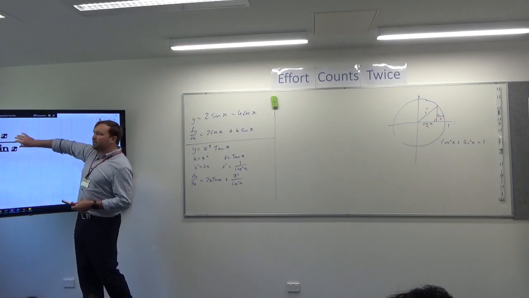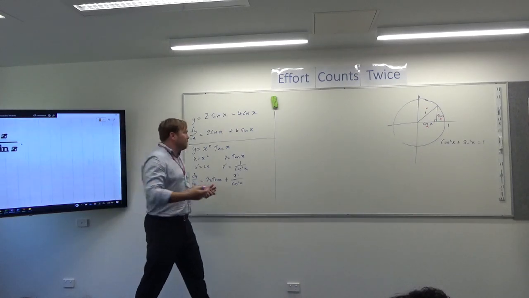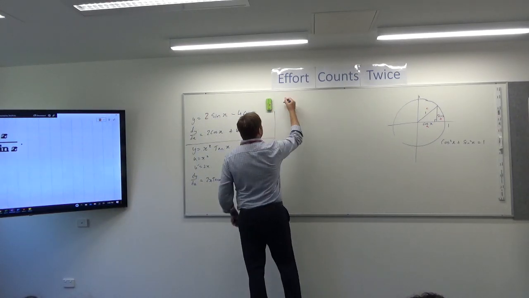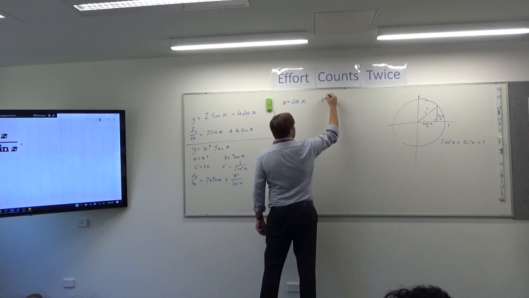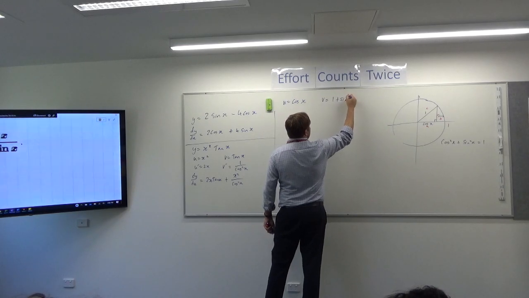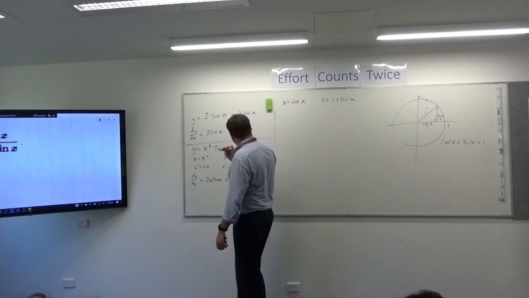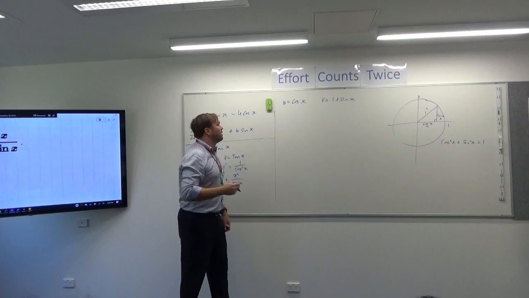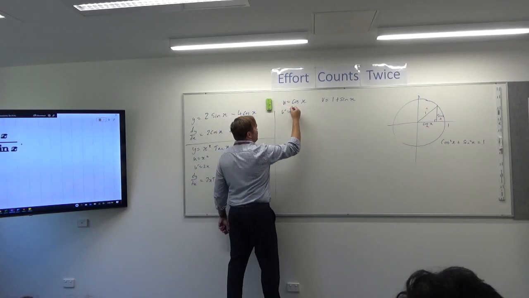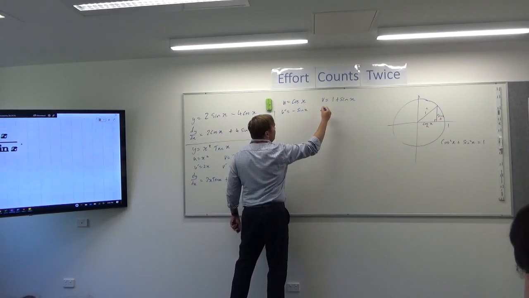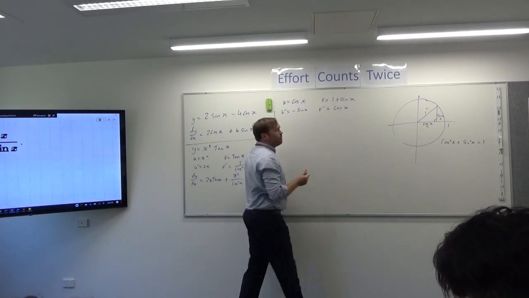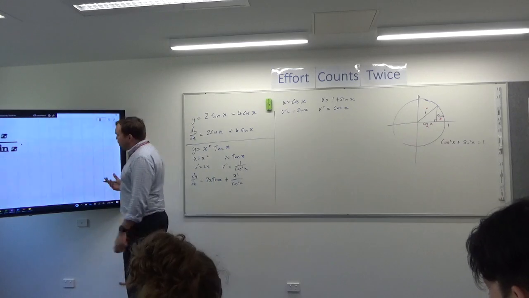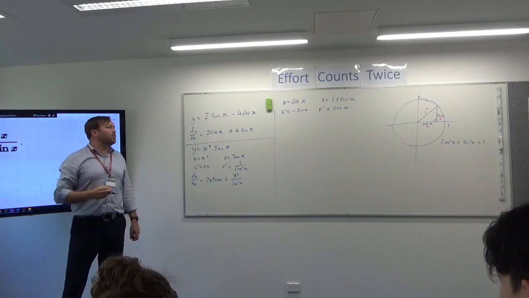Looking at this one, we're probably thinking quotient, because it's set up as a nice little fraction for us. So our u is going to be cos x, and our v is 1 plus sine x. If we differentiate, u dash is minus sine x, and our v dash is just simply cos x. The 1 is a constant, so it differentiates to 0, sine differentiates to cos.